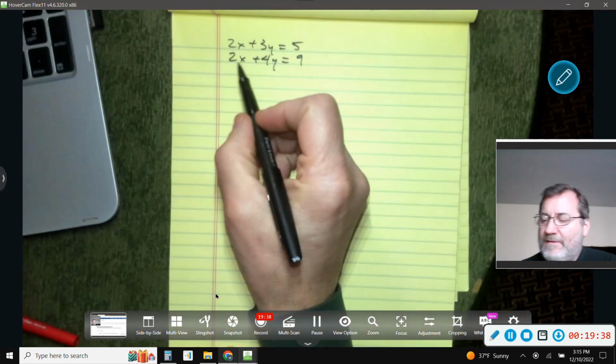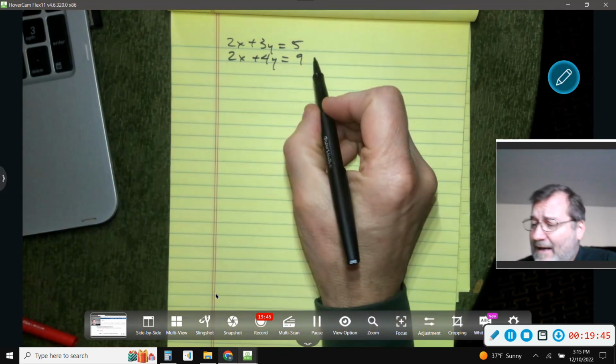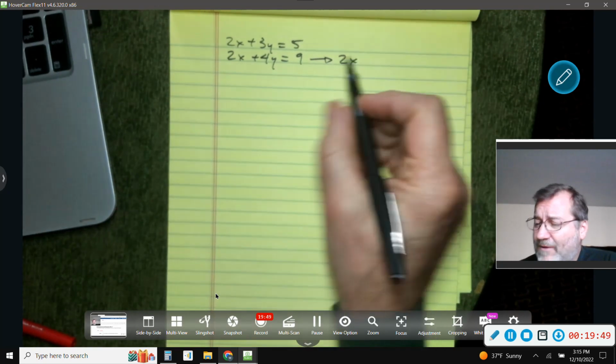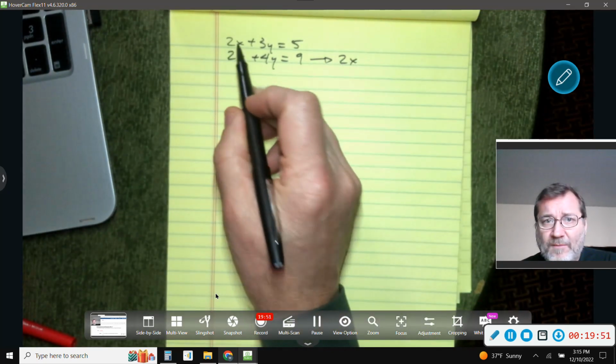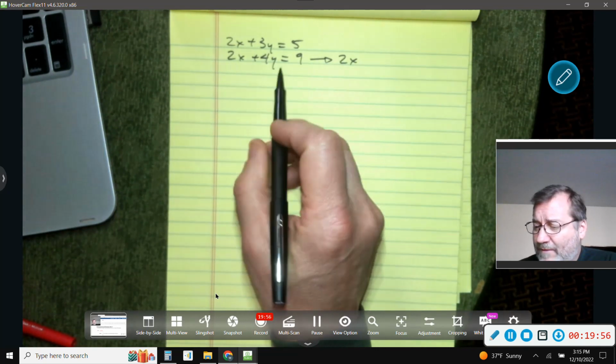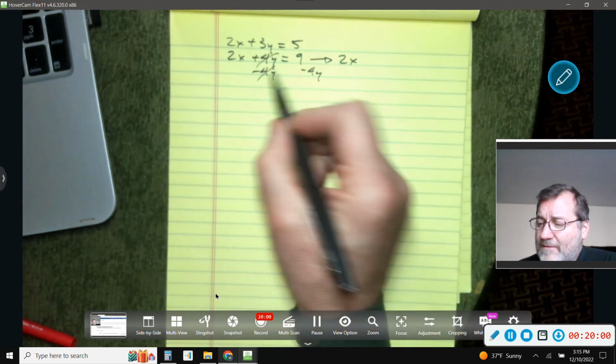All right. So you see that I got 2x and 2x. They're the same sign. I can't just add them, but I can substitute by isolating the 2x here. I want to solve for 2x, so I can substitute it in this upper one. If I substitute for 2x, that means I've got to move the 4y over here, so I'm going to subtract 4y from both sides. Cancel, cancel.